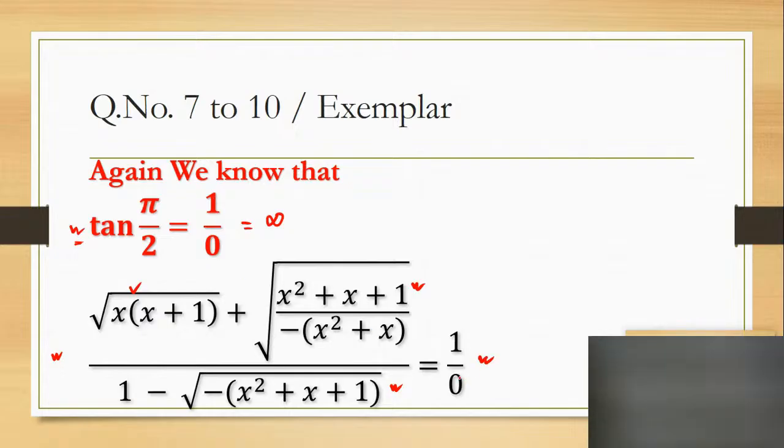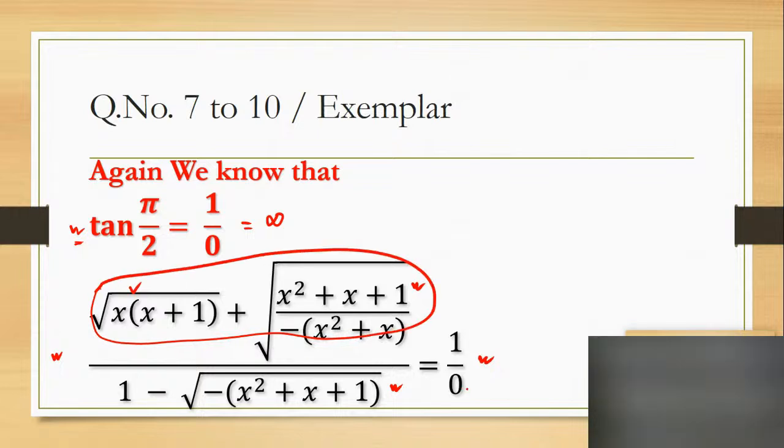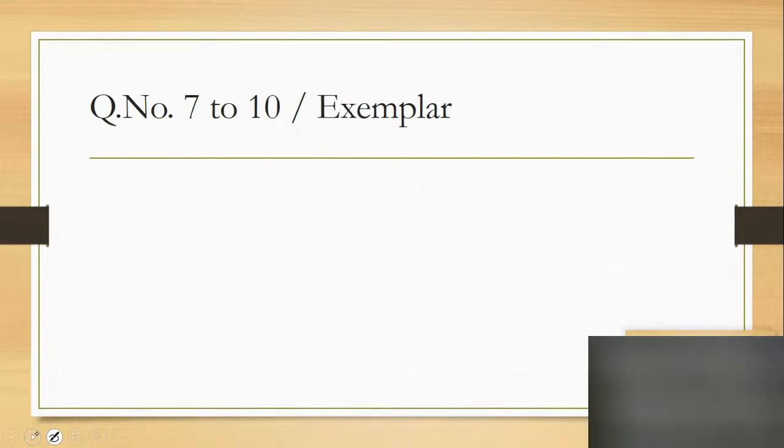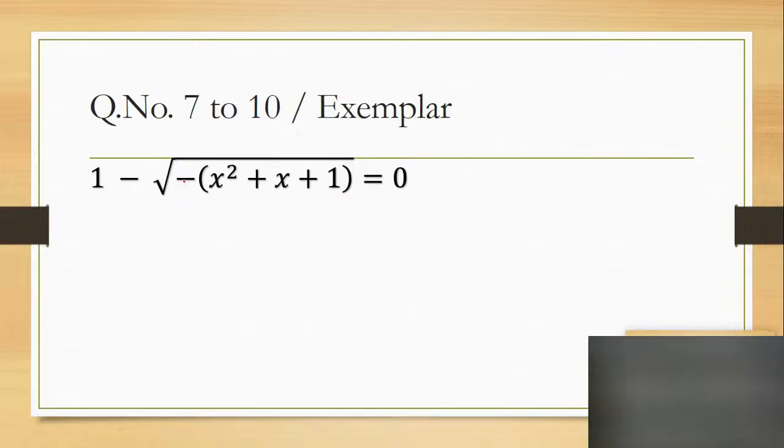So after the cross multiplication, the numerator of this one multiplied by 0 gives 0, and the denominator of this one multiplied by 1. So the next step here will be 1 minus x square plus x plus 1 over root equals 0.